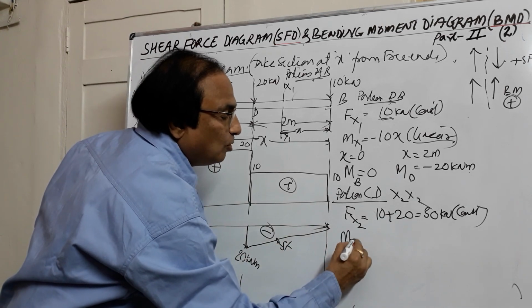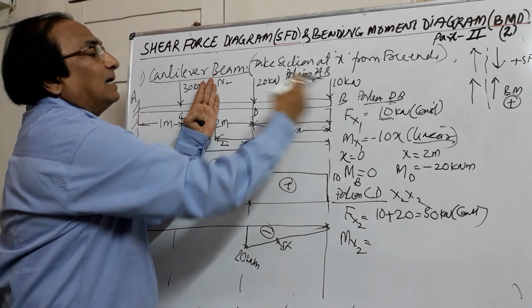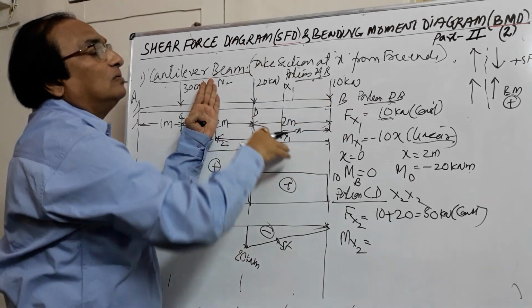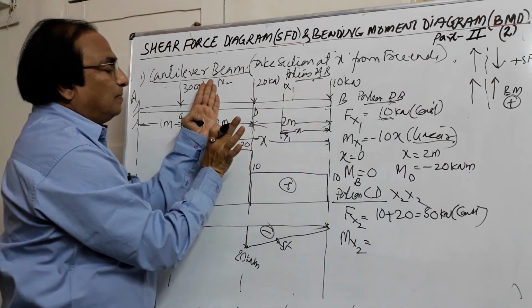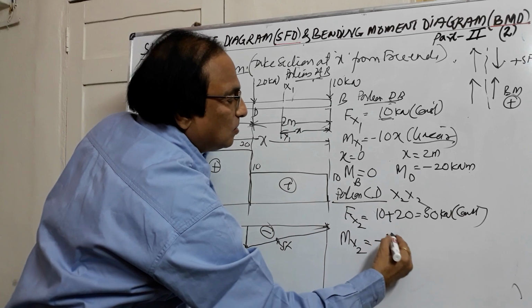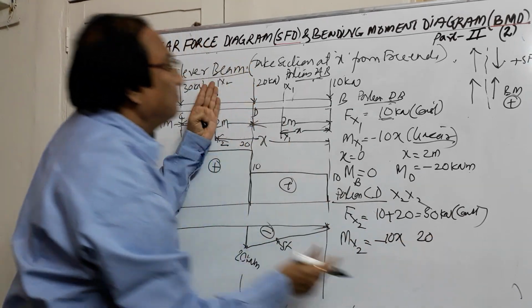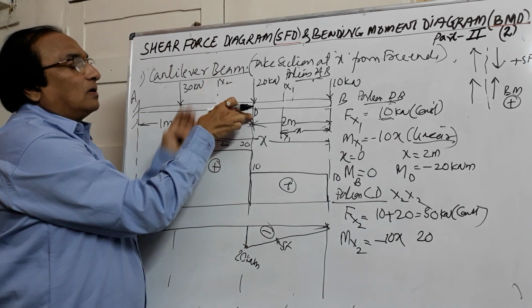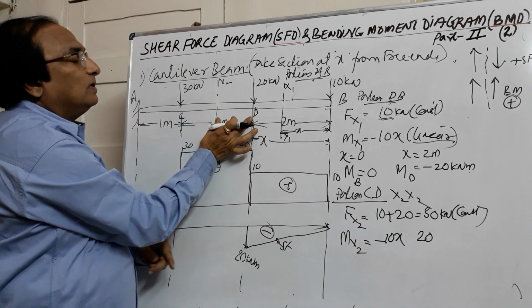Likewise, if I come for moment at x2, I will begin with this right hand side. Both are down, but up moment are positive. So it will be 10 into perpendicular distance is x, down. So minus 10 into x. Now this 20. This is a perpendicular distance we know. So I have taken x from the free end. So minus this 2 will give you this distance.